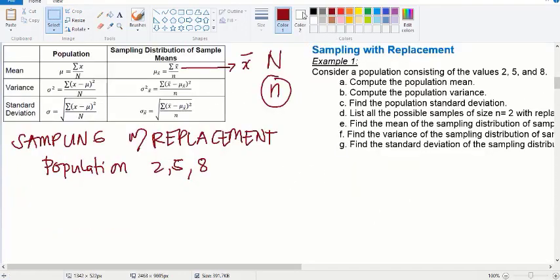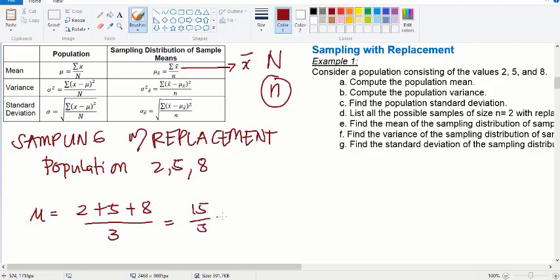So, ang una daw na i-compute natin is the population mean. Madali lang ang population mean, no? Kasi nga, summation of x lang. Ano ba ang x natin? Ayan, 2, 5, 8. So, 2 plus 5 plus 8 over ano ang ating n? 3. 1, 2, 3. Okay. So, 2 plus 5, 7 plus 8, 15 divided by 3 is equals to 5.